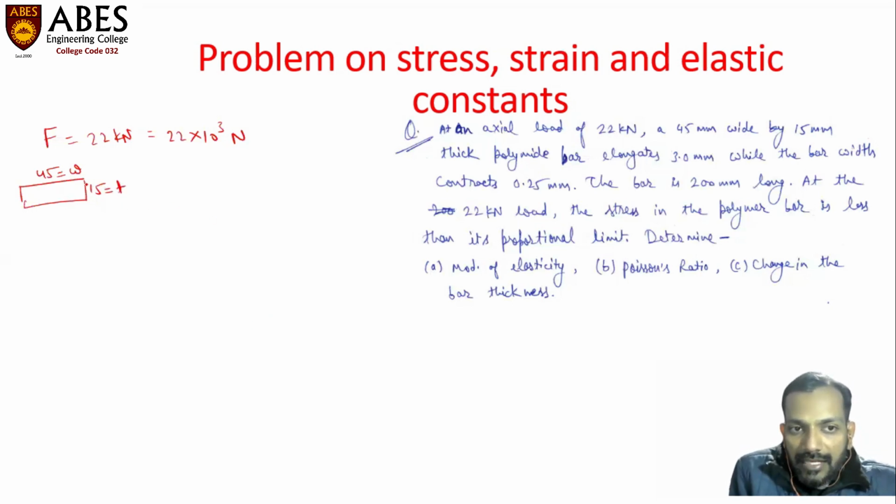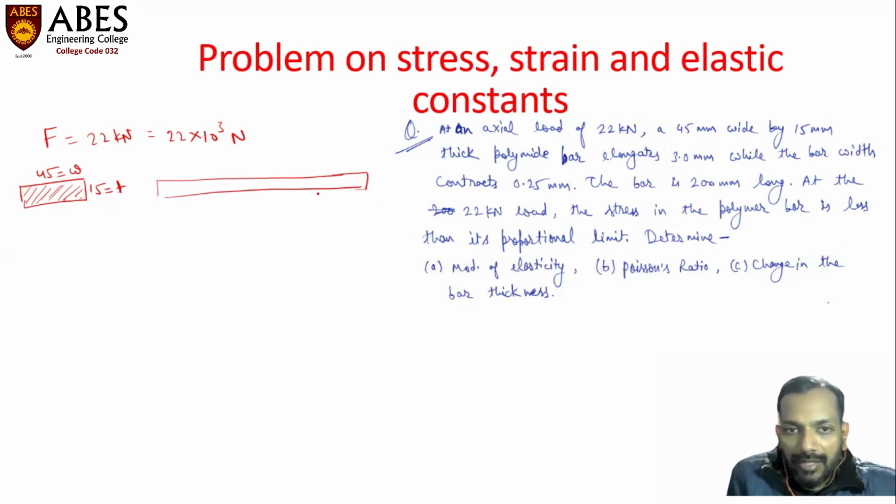So it is the axial view. We are looking at this bar along its length. So it is the front view, or you can say the axial view, and it is the side view of this rod or the bar. The length of the bar is 200 millimeter. This is the length of the bar.